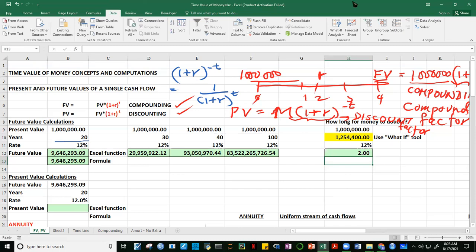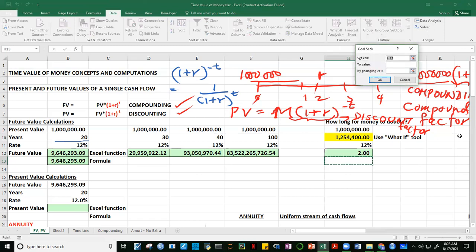So paano, guys? Data. What if analysis, goal seek. All right, set cell. What are we going to set? Set this cell, guys, to what value? To 2 million by changing what cell?